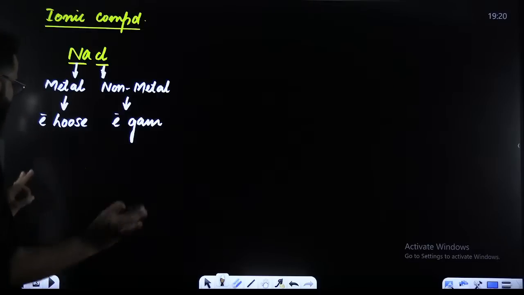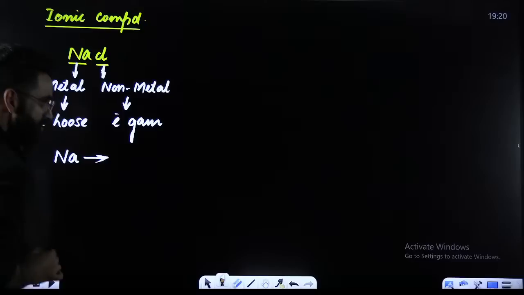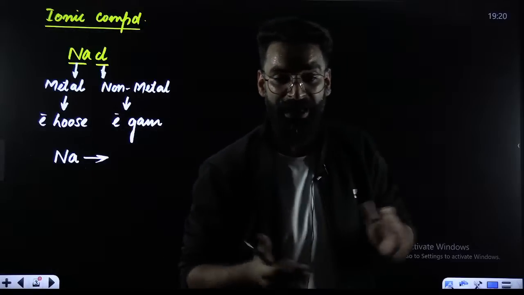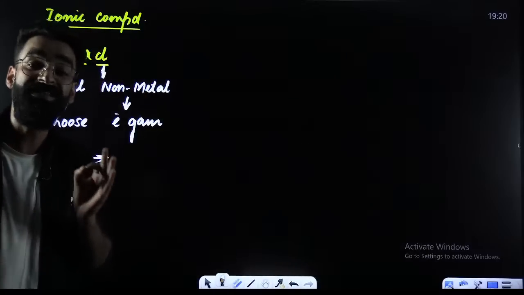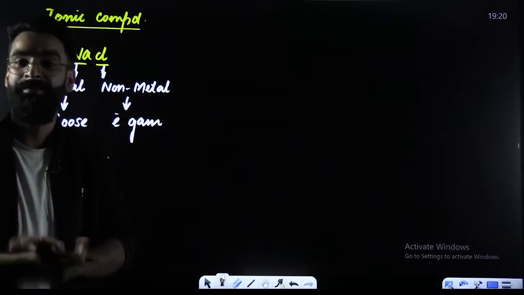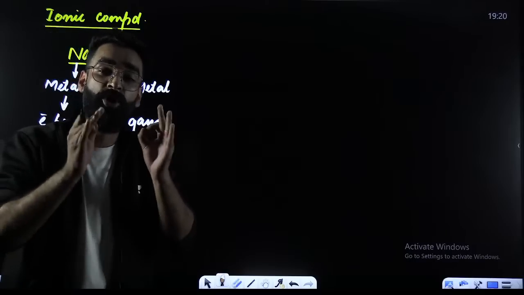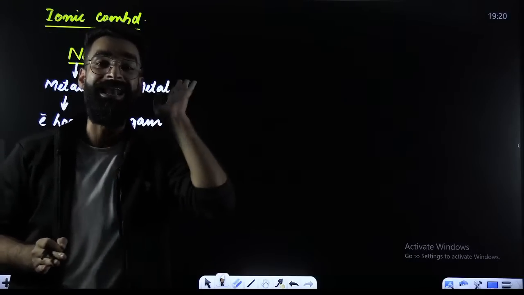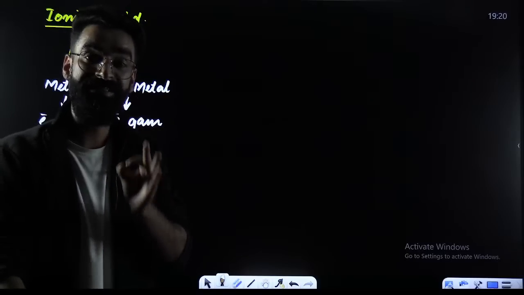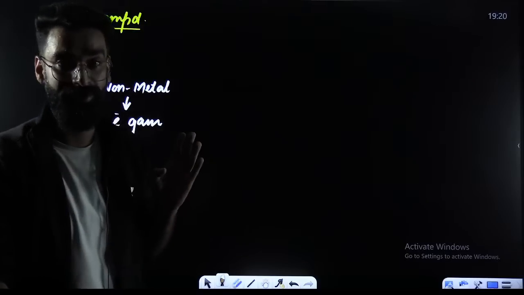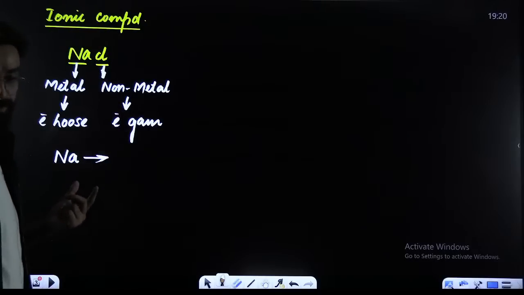Now, which group does sodium belong to? Sodium is a group first element, an alkali metal. All the group first elements have one electron in their outermost shell, so sodium has one electron in its outermost shell.